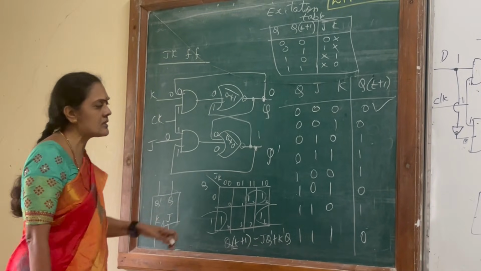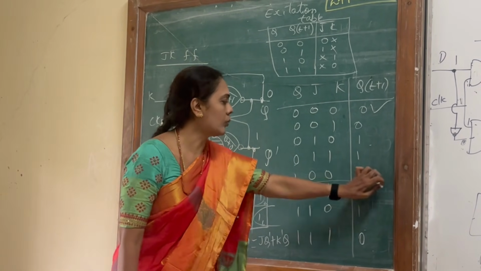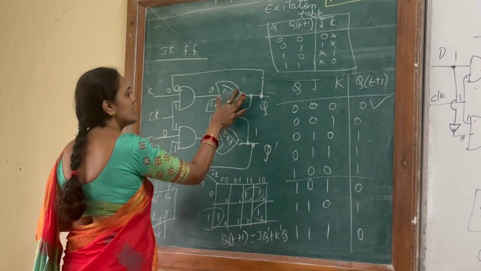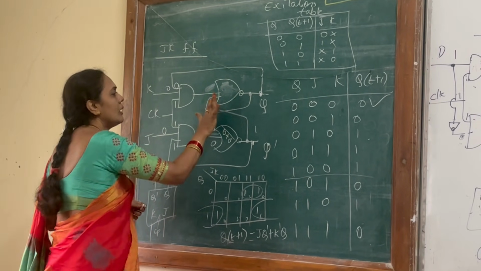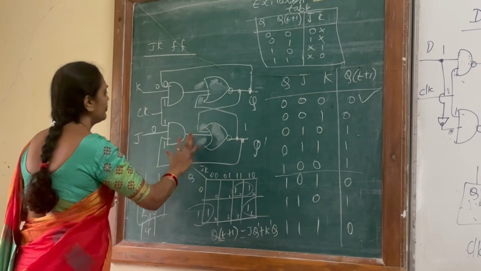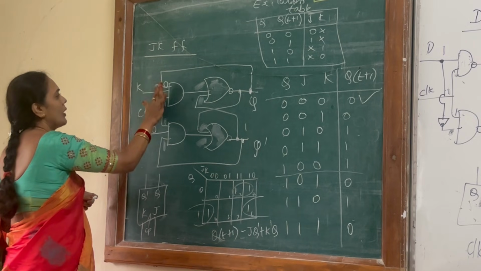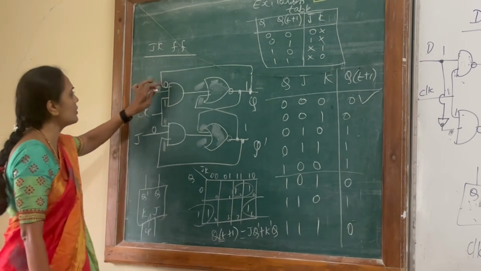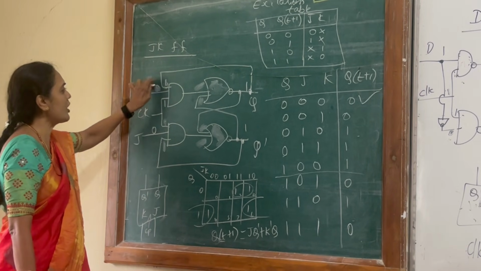Let us see another case. Present state 1, J and K 0, 0. This case I am going to take up. Your present state is 1, that is Q is 1, so this is going to be 1. What are my J and K?